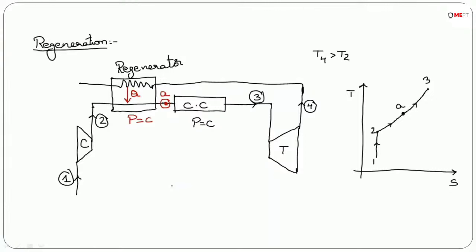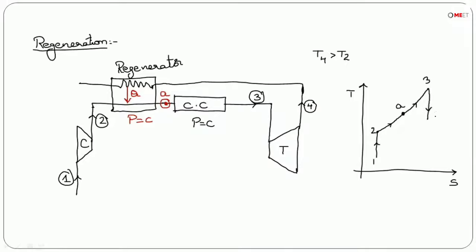So if you observe carefully, in the normal Brayton cycle we used to supply heat from 2 to 3 process, but in this regeneration concept we are supplying only heat from A to 3. That means the amount of heat supplied is reducing because of effectively utilizing the heat that is going as waste from the turbine. So as a result of that, as the heat supplied is reduced, the thermal efficiency improves.